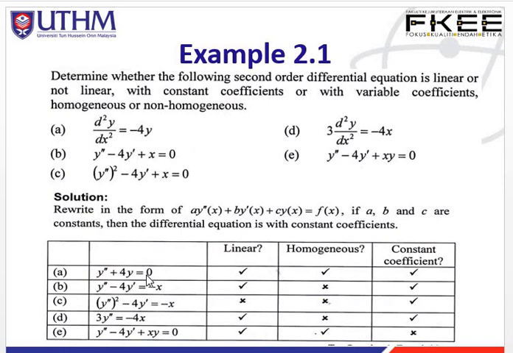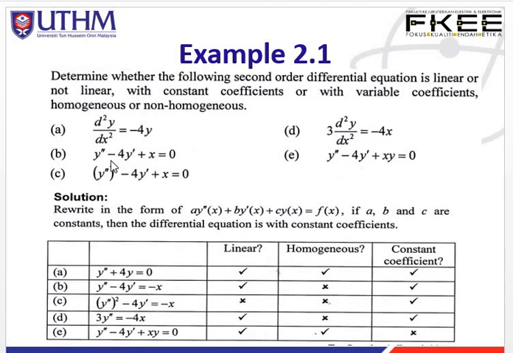Then we check whether this equation is linear, homogeneous, or constant coefficient. This equation is linear. Is it homogeneous? Is it equal to 0? Yes, it's equal to 0, so it's homogeneous. Is it a constant coefficient? Yes, because the coefficients are 1 and 4.